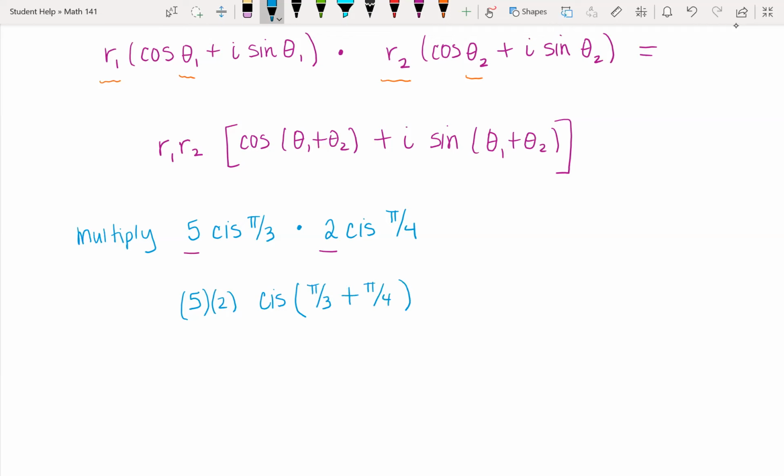I just add the two angles and multiply the two absolute values or lengths of the vectors. So I think my answer is going to be 10 cis. So pi over 3 plus pi over 4 is going to be, let's see, 4 pi over 12 plus 3 pi over 12, 7 pi over 12. That's our answer.